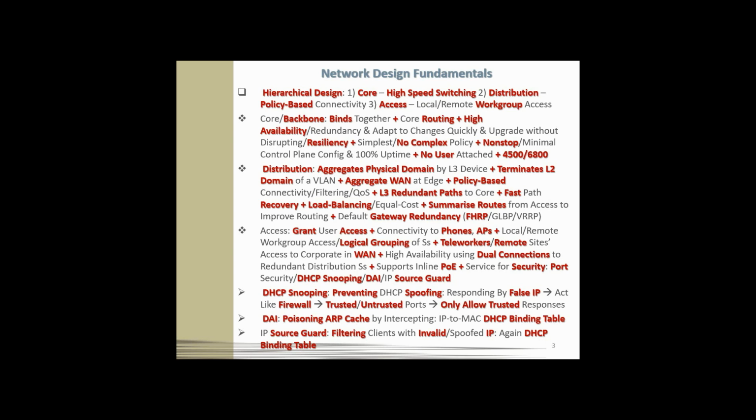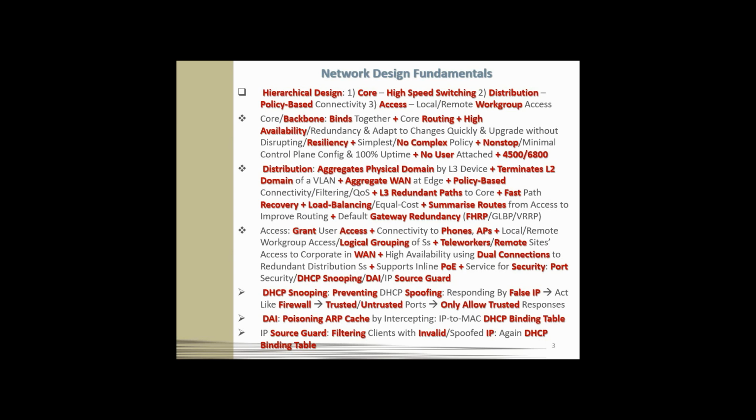uplinks, as opposed to allowing DHCP responses from untrusted ports that can be attackers or responders with incorrect IP information. And attackers sit on untrusted ports, and those ports are usually edge ports.